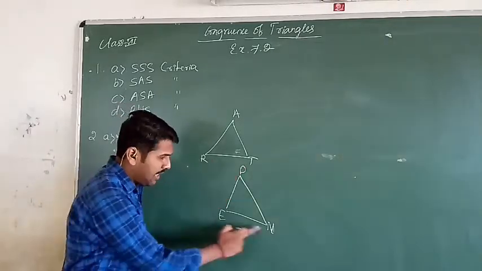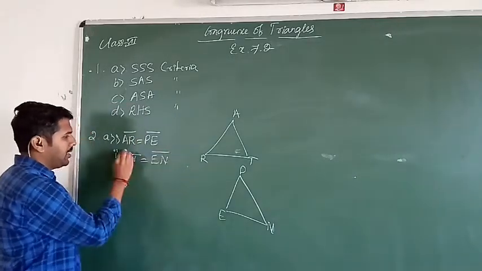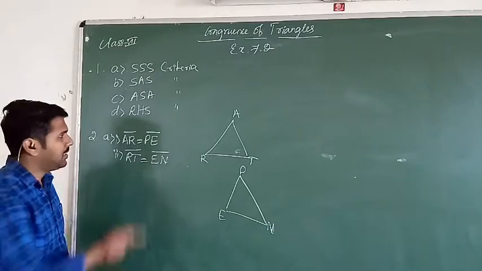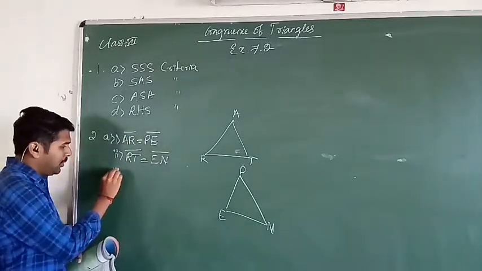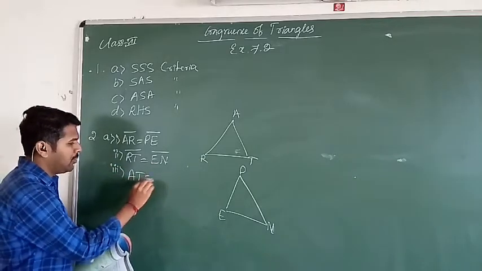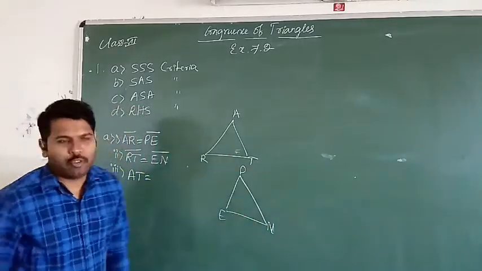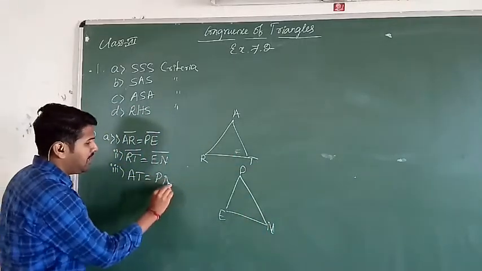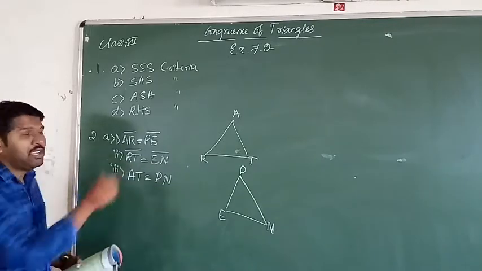RT means EN. So these are the lines, isn't it? That's why I am using this symbol. Next, third one is AT. That means PN. So these are SSS criteria for corresponding parts.